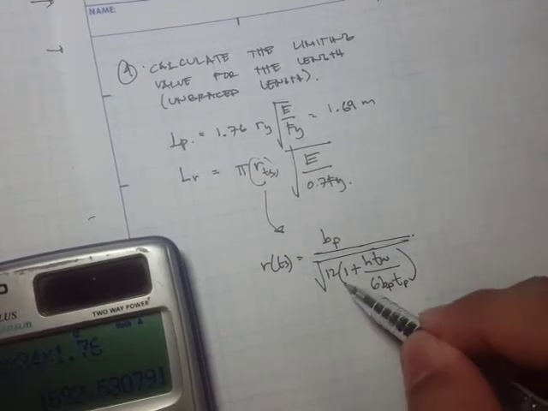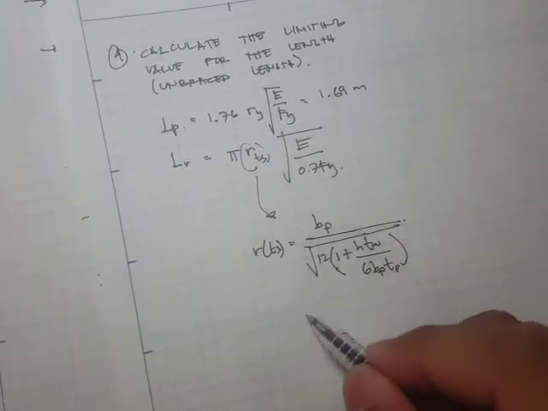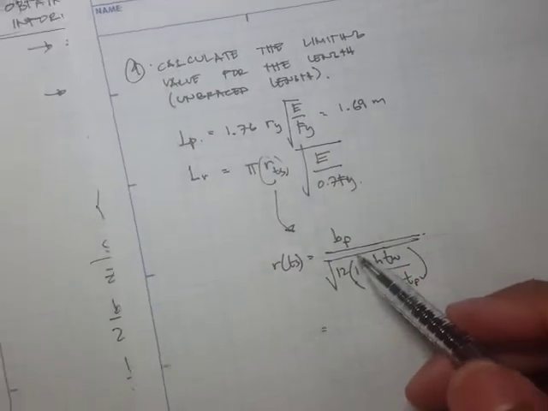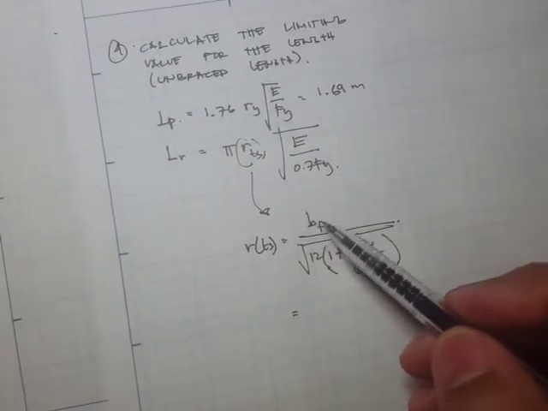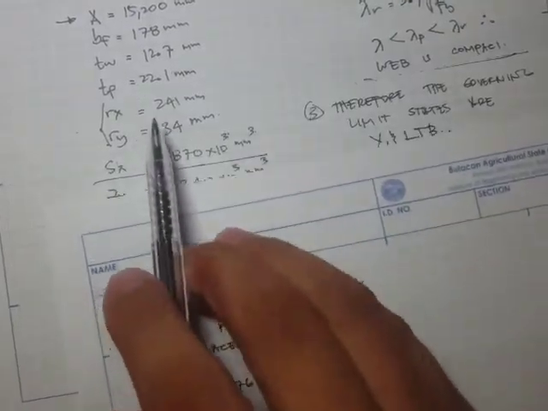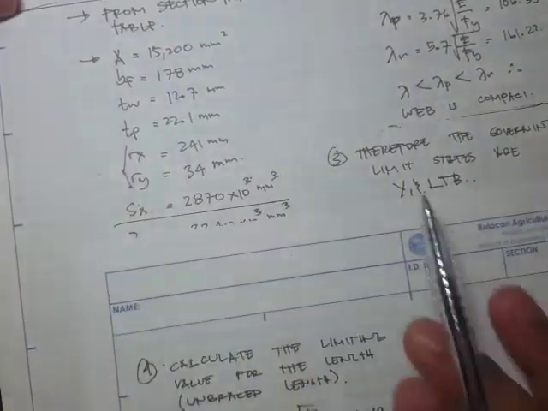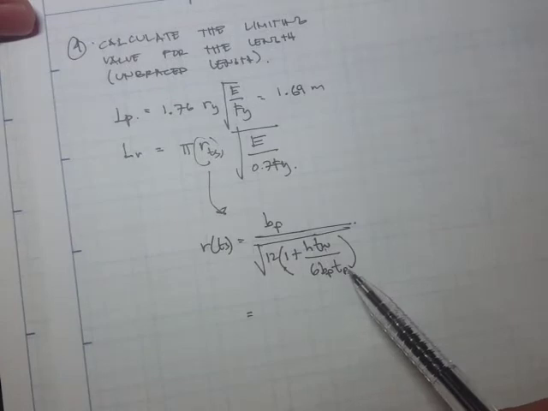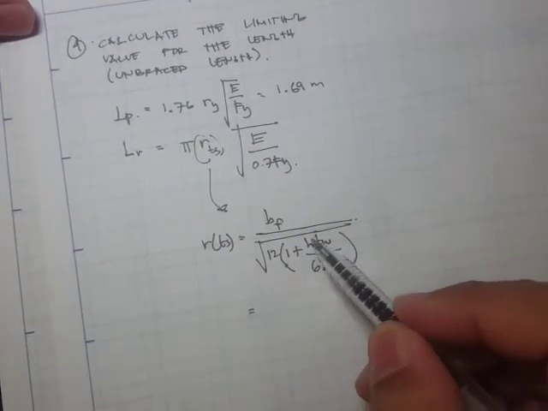Okay, so this is our equation. We'll check if we have a value for the width of the flange. Yes, we have. Then thickness of the web and thickness of the flange we have, except for h.